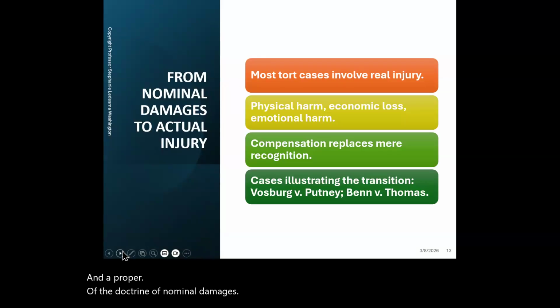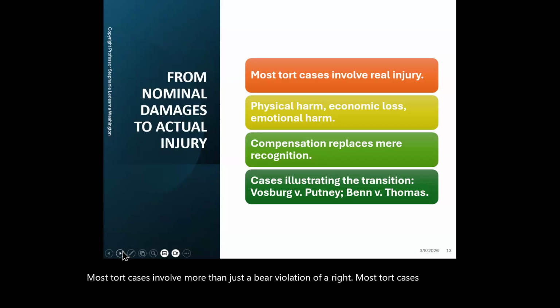Most tort cases involve more than just a bare violation of a right, right? Most tort cases involve actual injury. For instance, physical damage, economic harm, emotional harm, property related harm, right?